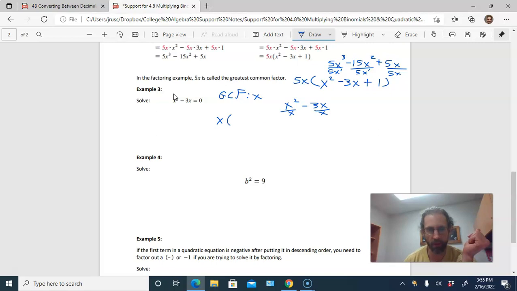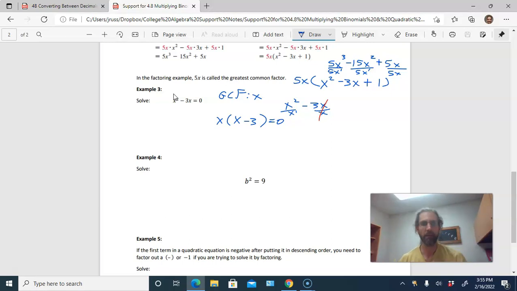And that's what you put in your parentheses. So right here, x to the second divided by x to the first, subtract those exponents, you're going to get x to the first, or just x. And then over here, your second term, your x's are going to divide out, and you're just going to have that minus 3 left over. And then make sure you bring down the equals to 0 part.